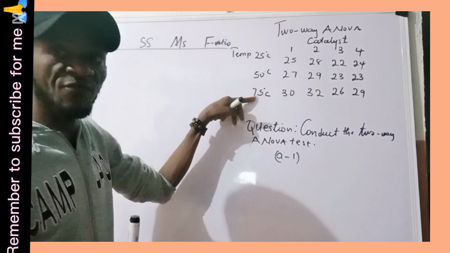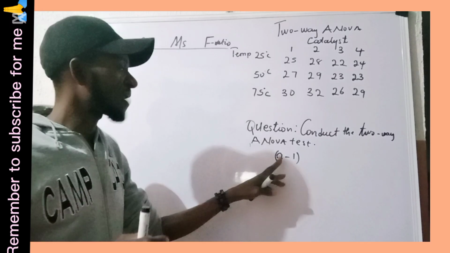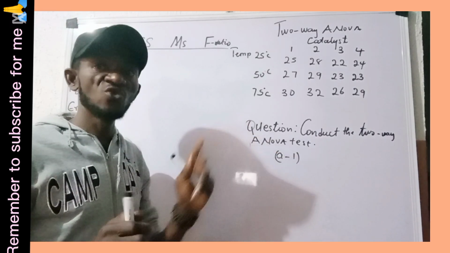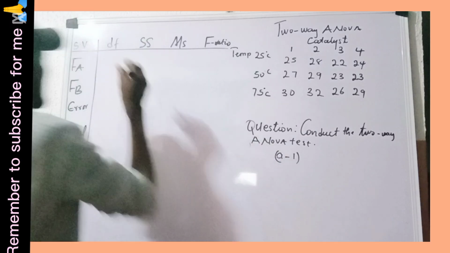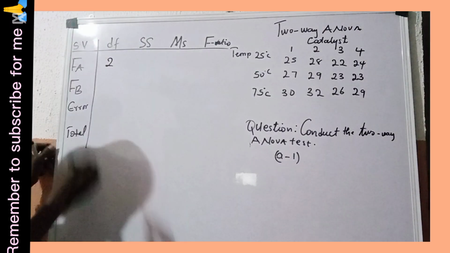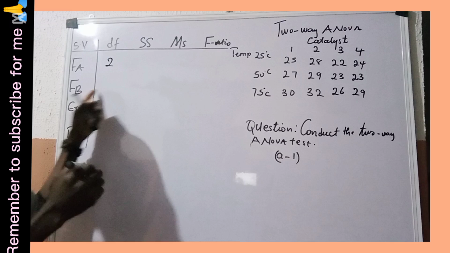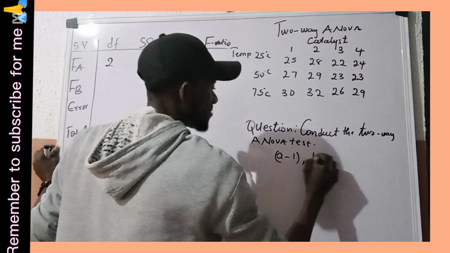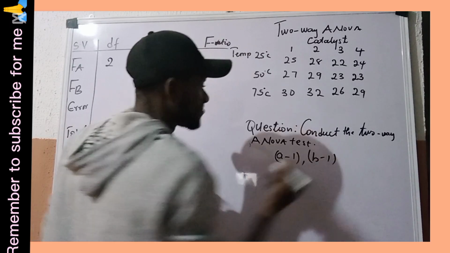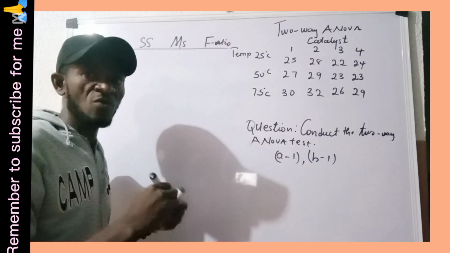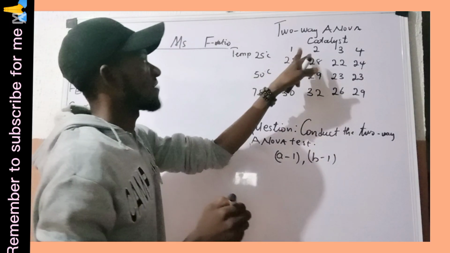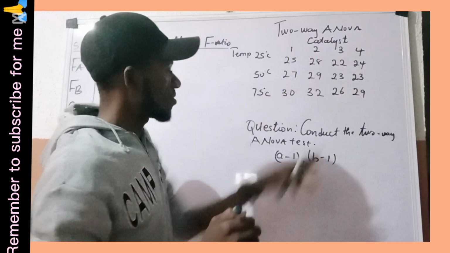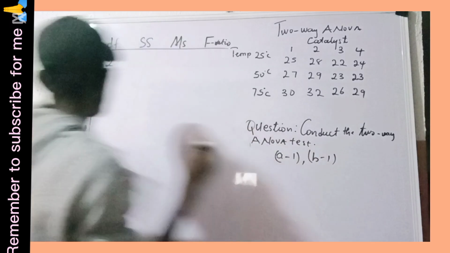So there are 3 levels of factor A, and A minus 1, 3 minus 1, is 2. So the degrees of freedom for factor A is 2. Then we come over to the degrees of freedom of factor B. The formula is B minus 1, and B is the number of levels of factor B. We count the levels: 1, 2, 3, 4. So here it becomes 4 minus 1, which is 3.